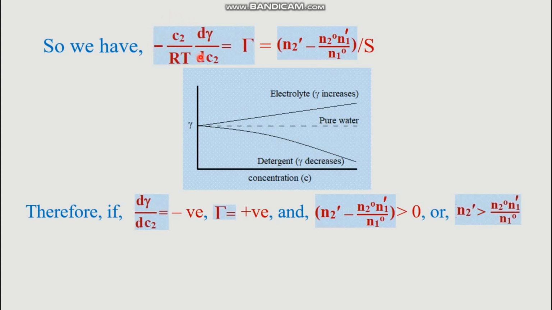So the overall left hand side becomes positive. That is, capital gamma is positive. If capital gamma is positive, then this term is greater than 0. If this term is positive, then this term is greater than this term. That is, the surface concentration is greater than the bulk concentration.